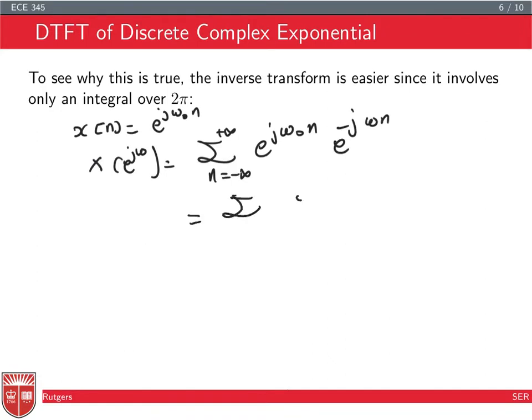So you get the sum of e^(-j (omega minus omega 0) n).